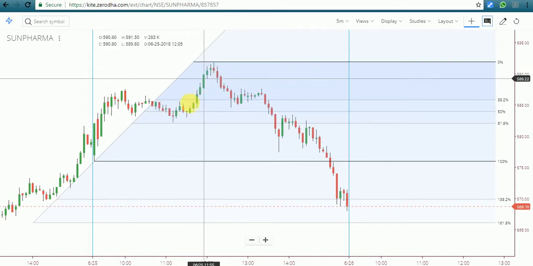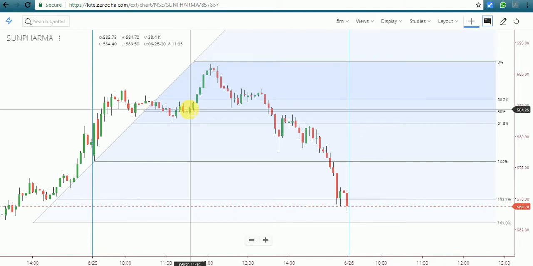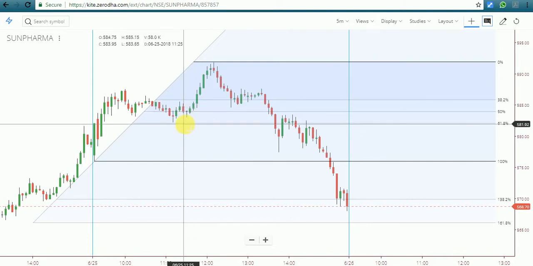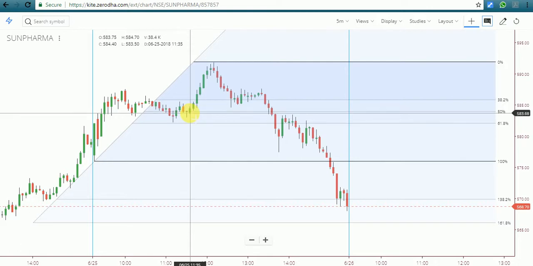Some people would have gone by taking up to 2.5 points of risk, and they would have entered here after this candle formed, which should be the proper entry. I never use any other indicator, and I don't like all those indicators. I'm using price action only.